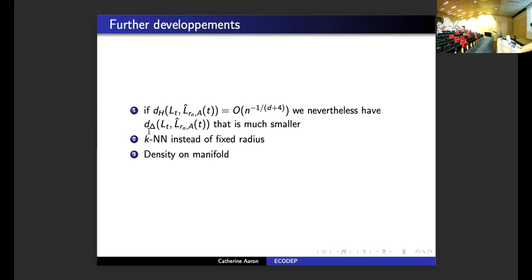But if we want to work with the measure of the distance, the symmetric difference, we must have something much smaller, which, okay, just detail, but it can be interesting. If I want to estimate the volume of the level set, we can have better results. It's what we are currently doing now.